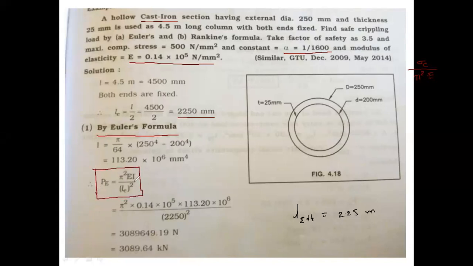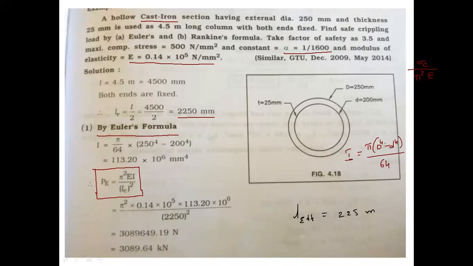For calculating the crippling load or buckling load using Euler's formula, what are the parameters you need to know? E. What is the E value? 0.14 into 10 power 5, which is known. And what is I, the moment of inertia of a hollow circular section? I is equal to pi into capital D power 4 minus small d power 4 by 64.